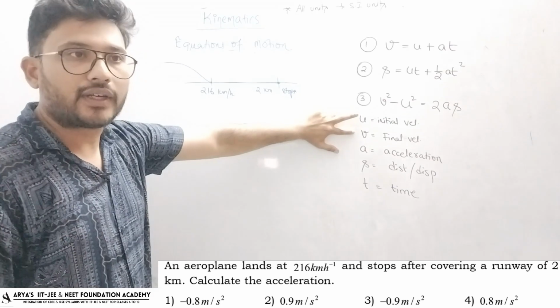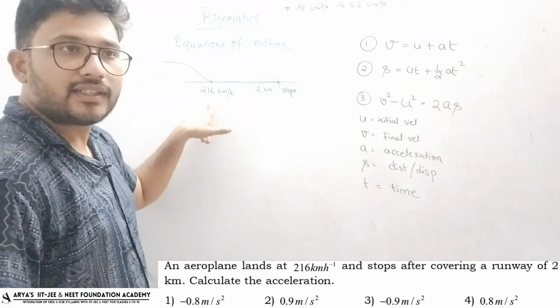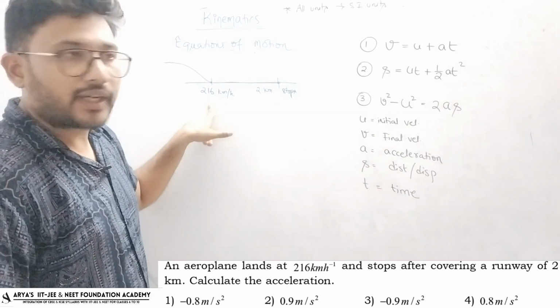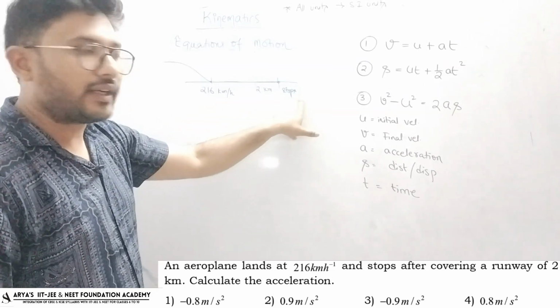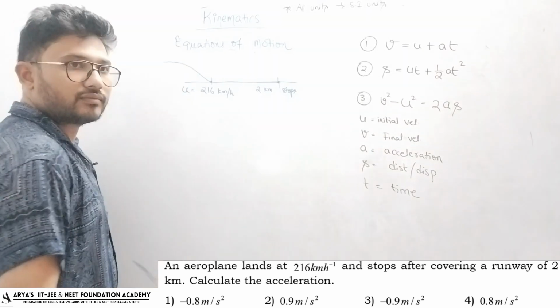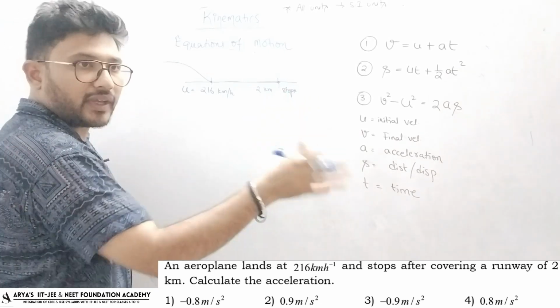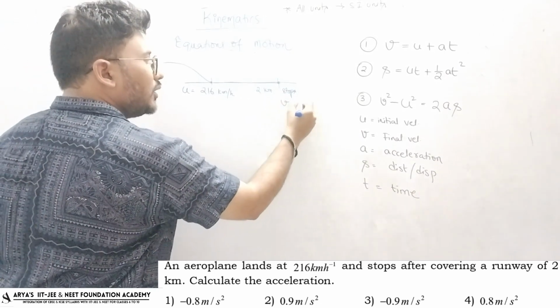Final velocity is the velocity at the final point. Now, in this case, what is the initial point? Landing is the initial point. What is the final point? Stopping is the final point. So 216 we have to consider as the u value. It stopped. Is there any velocity here? After stopping, no velocity. So v is equal to 0.